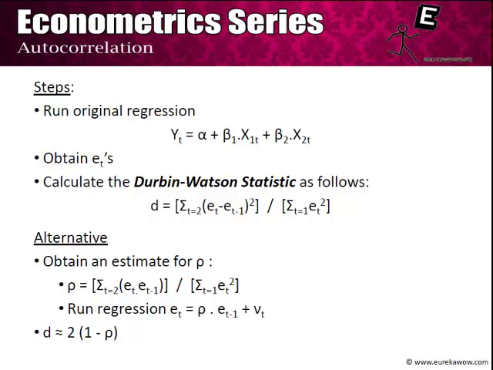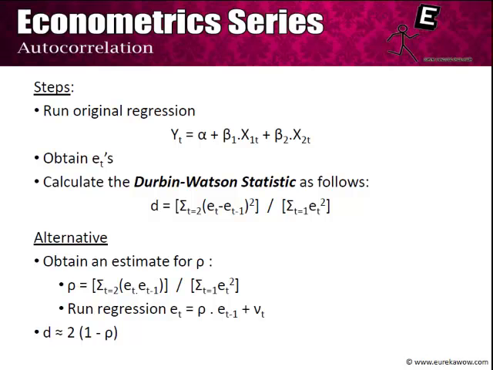The steps of running the Durbin-Watson test is to first run the original regression. So a regression that we are considering is that yt is a linear function of x1t and x2t. Once we run this regression, we obtain the error terms or ets. Using these ets, we have to calculate the Durbin-Watson statistic or the Durbin-Watson D statistic.